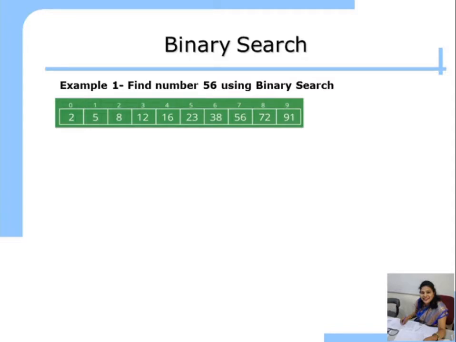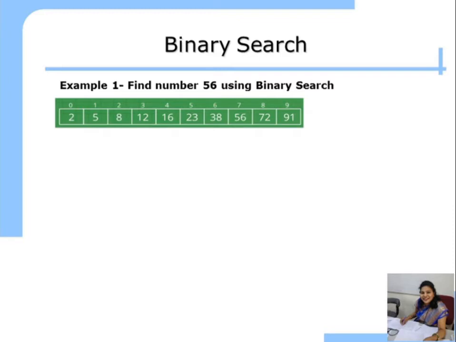Since a dictionary is already in ascending or alphabetic order, only then can we apply binary search. So there is a prerequisite for binary search: your search area should always be sorted. We cannot apply binary search on unsorted data.